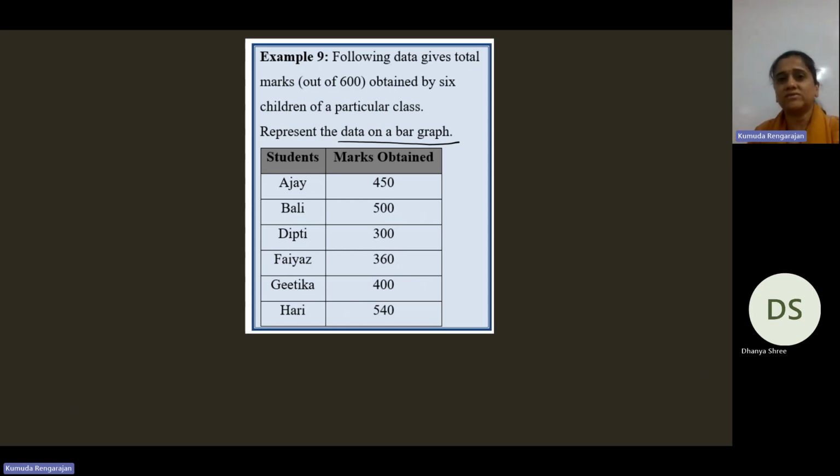Along the y-axis, you'll have to decide 1 centimeter is equal to how many marks. Look at the values: 450, 500, 300, 360, 400, 540. The highest value is 540. Supposing 1 centimeter is 10 marks: 10, 20, 30, 40, 50, 60, 70, 80, 90, 100, 110, 150. Oh no, that's going to be very tall.